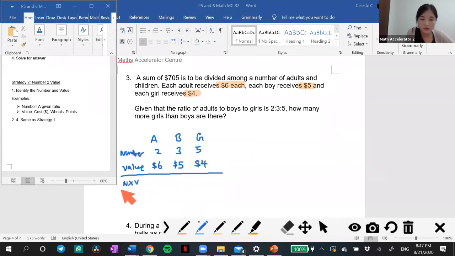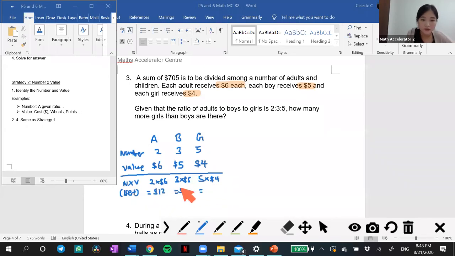Alright, then do the same thing for one set. Number times value. Okay, good.